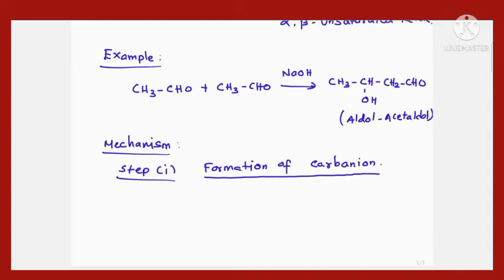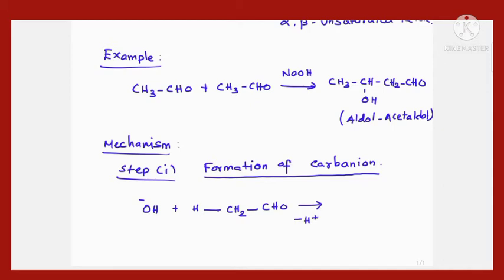Now, in the first step, the OH minus ion, which is produced by the base, will abstract a hydrogen from an acetaldehyde molecule. This is acetaldehyde CH3CHO, and I have written one hydrogen separately. The OH minus ion will take up this hydrogen as a proton.